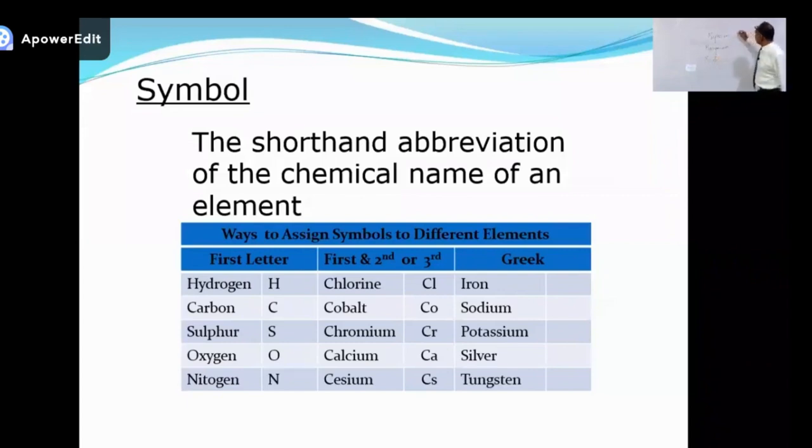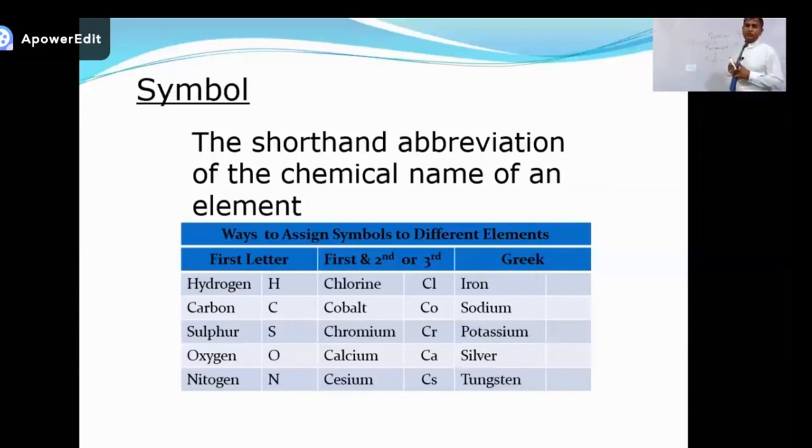All of these start with M. So if we choose only the first letter M, it will create confusion. So what is the second way of assigning symbols? Not only use the first letter, but also write another one. So what is the symbol of magnesium? Mg. Manganese, Mn. Molybdenum, Mo.